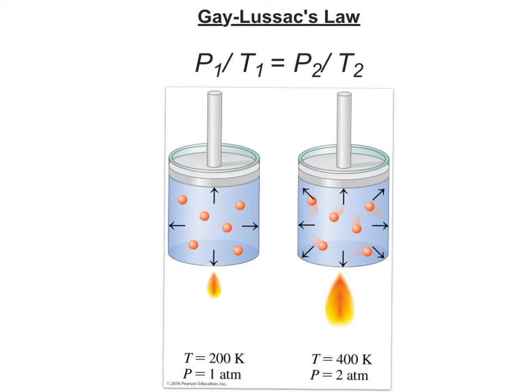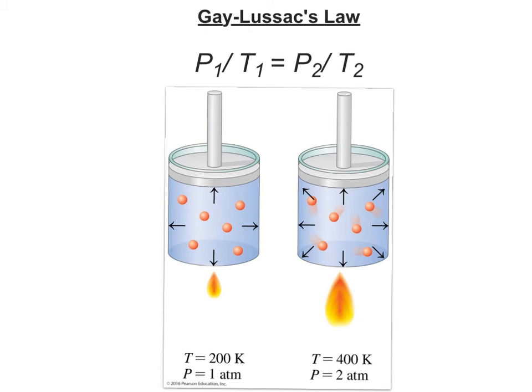From the kinetic molecular theory of gases, we know that the gas pressure arises from the collision of gas particles on the wall of the container. We also know that the kinetic energy of the gas particles or the molecules is directly proportional to the temperature.